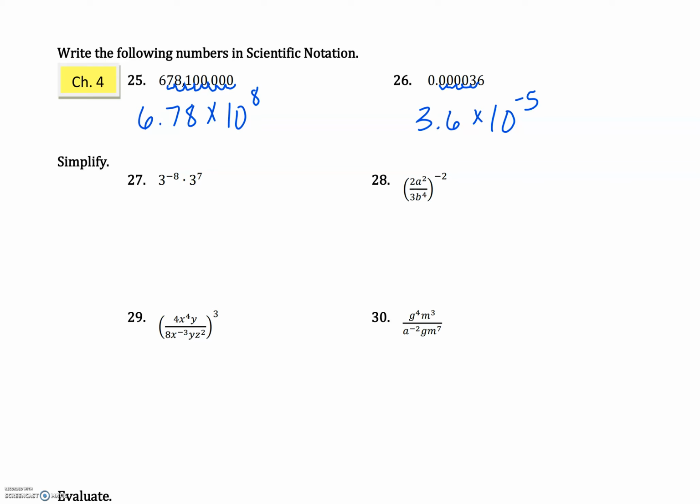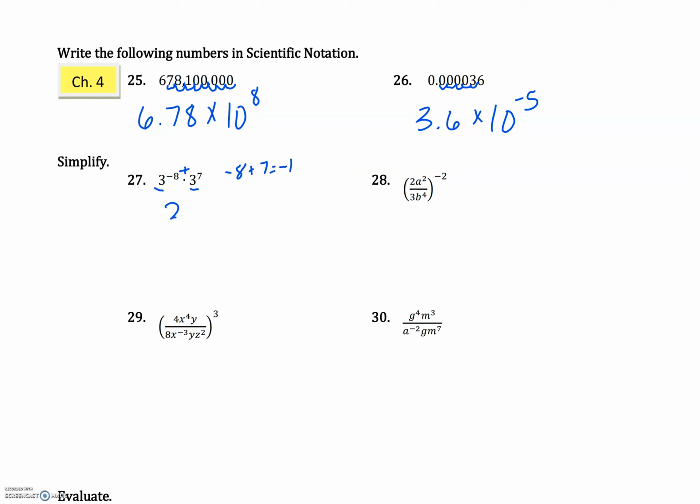Numbers 27 through 30, we're going to simplify what's already there. So we'll start with 3 to the negative 8th times 3 to the 7th. Now before we grab a calculator and evaluate that out, we can do some simplifying. Because we have the same base here, we can add the exponents. Negative 8 plus 7 is negative 1.